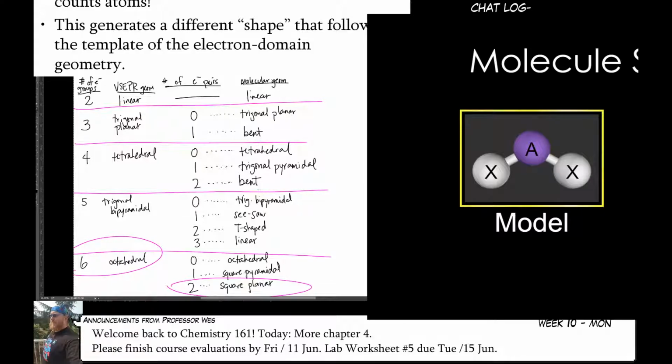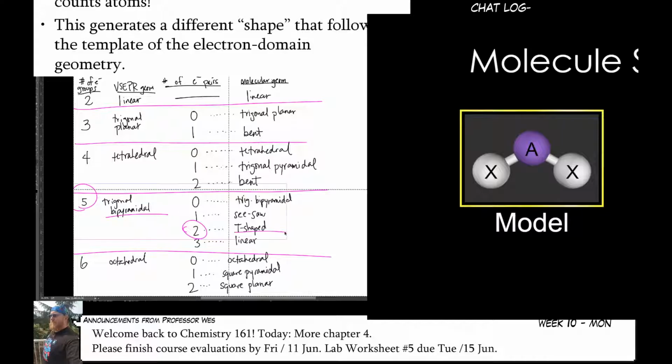So, for instance, if you had something that was 4 electron groups and one of them was an electron pair, you would have a tetrahedral VSEPR and a trigonal pyramidal molecular geometry. If you had a 5 electron group molecule and 2 of them were electron pairs, your VSEPR is trigonal bipyramidal and your molecular geometry is T-shaped.